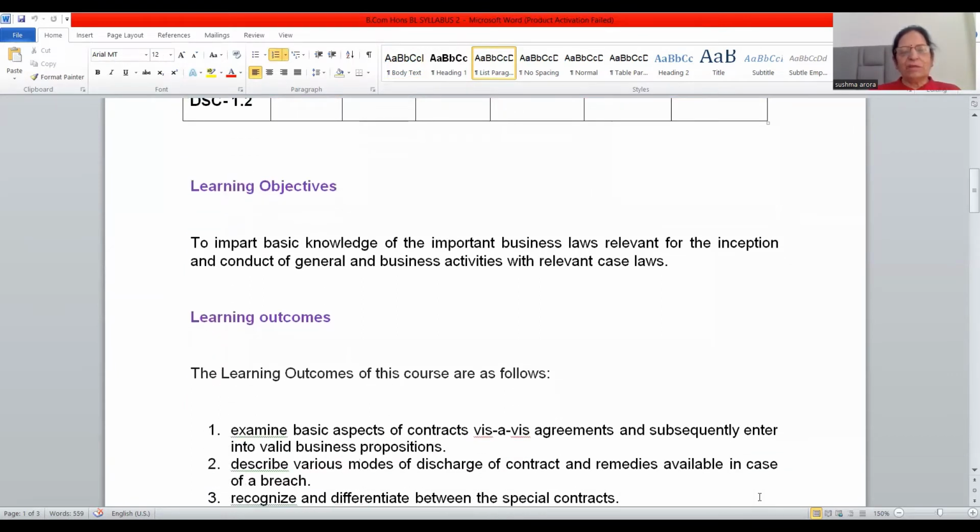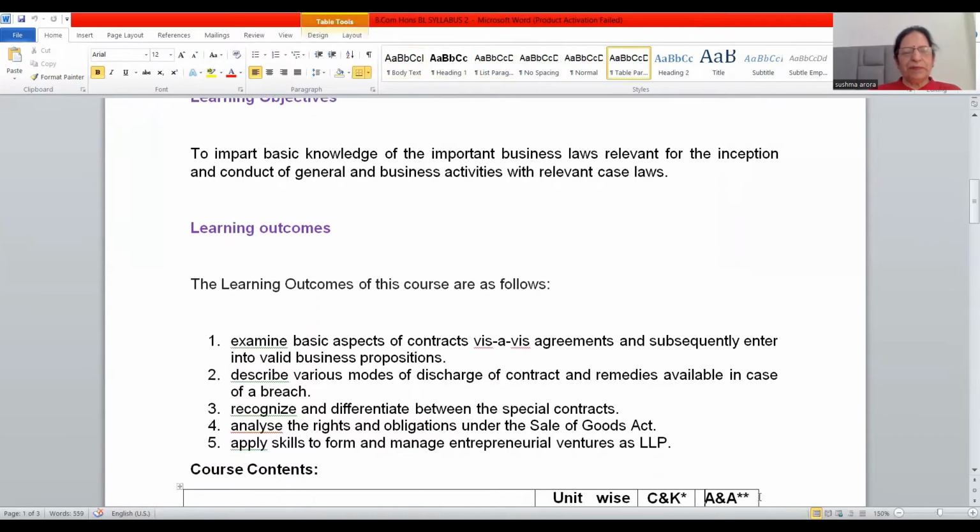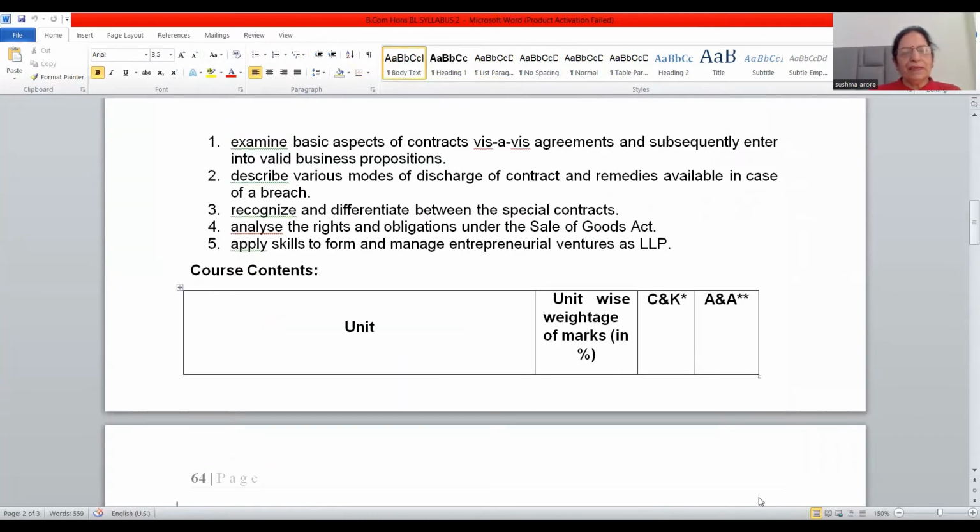And the learning outcomes: what you will be able to learn after completion of the syllabus for business laws paper? Examine various aspects of contracts, vice versa agreements, and subsequently enter into valid business propositions.